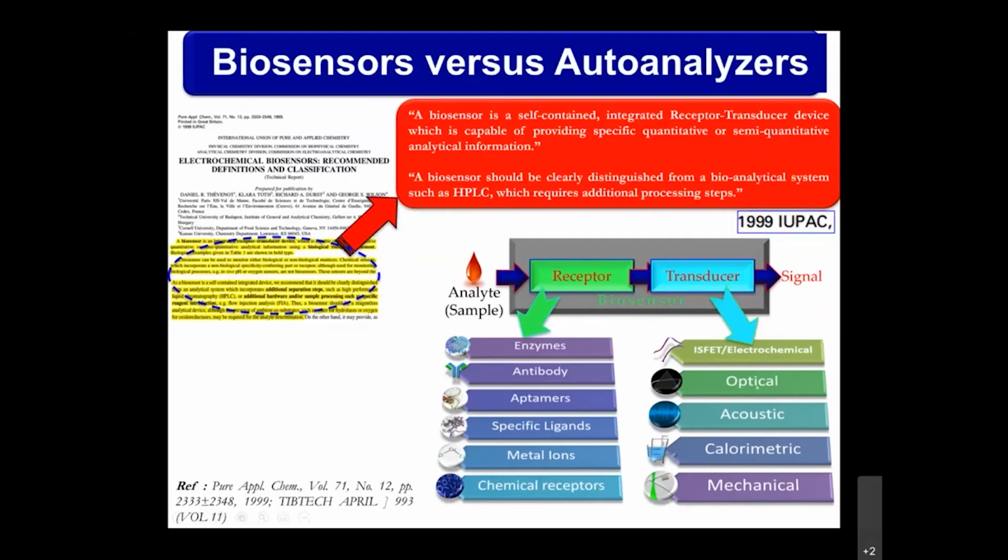For example, fluorescence detection is an optical transduction. It could be acoustic, calorimetric, mechanical, and so on, right? So if we could build this, that will enable us in taking this biotechnology enabled diagnostics to the next couple of decades on this mobile platform, right? So that is the direction that we want.